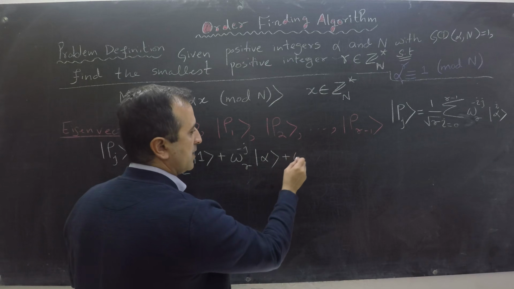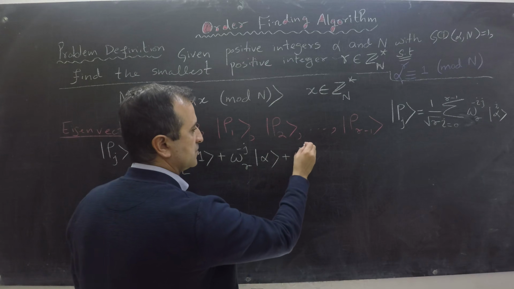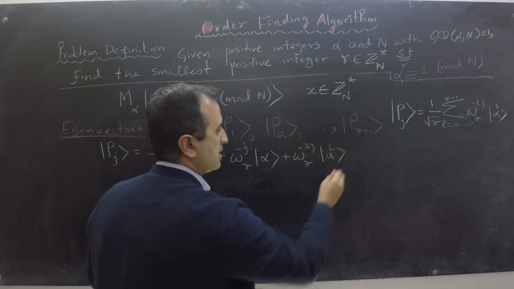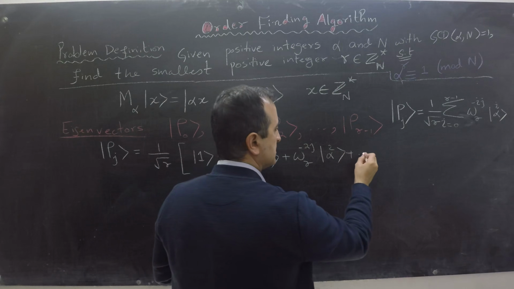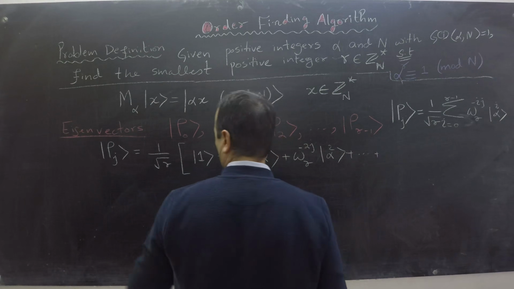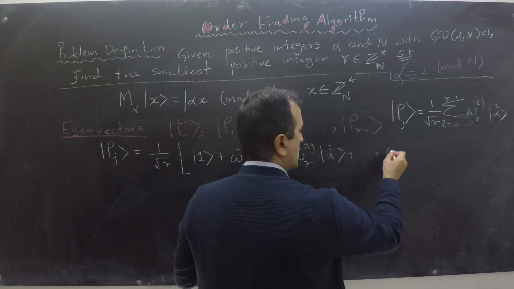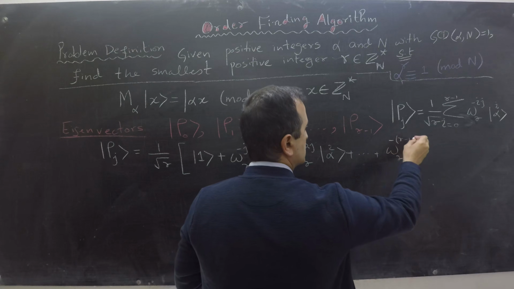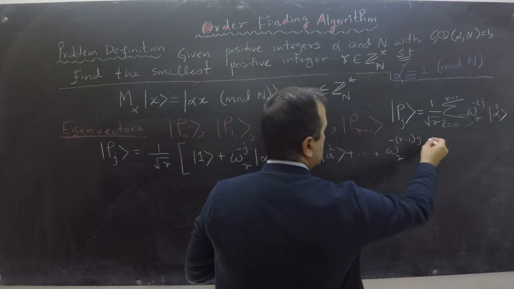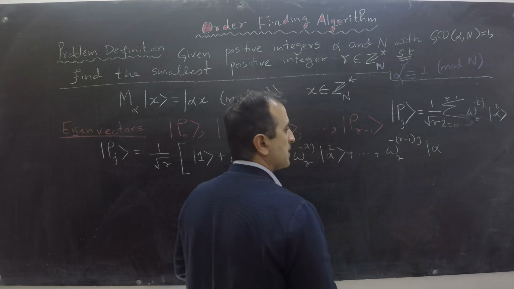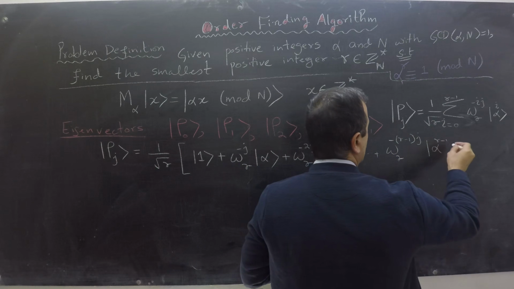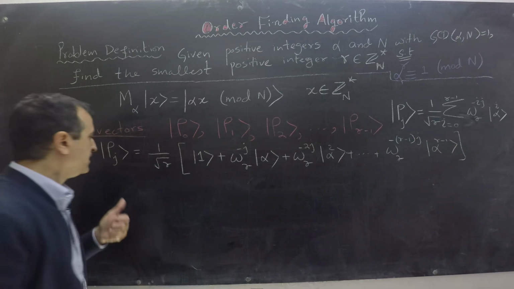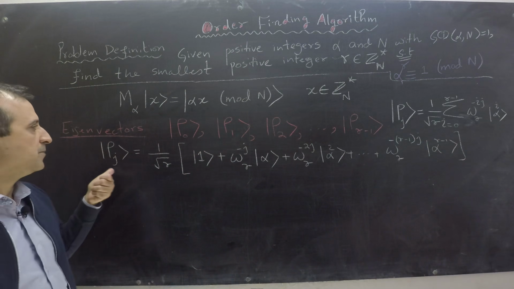The next term will be omega r raised to power minus 2j times alpha square. And the last term of my eigenvector rho j will be omega r raised to power minus (r minus 1) j times alpha raised to power r minus 1. So that's my eigenvector rho j in expanded form.